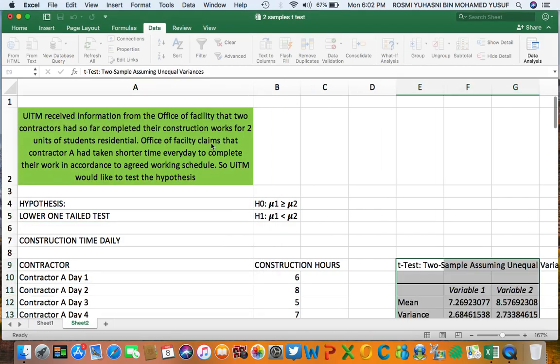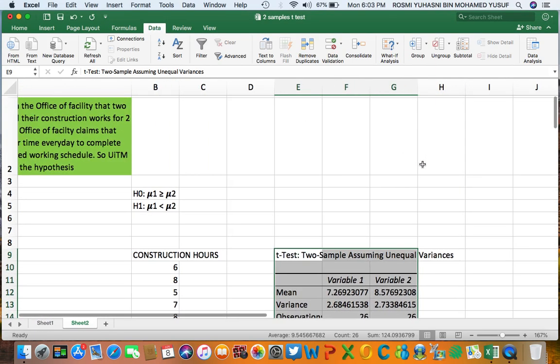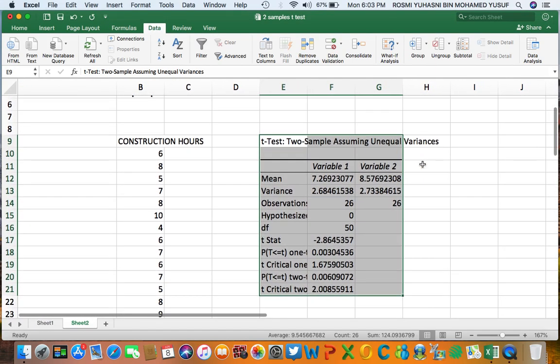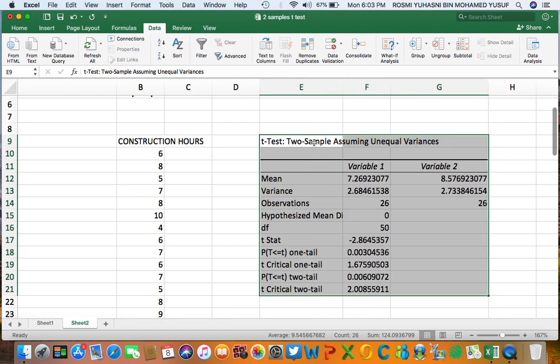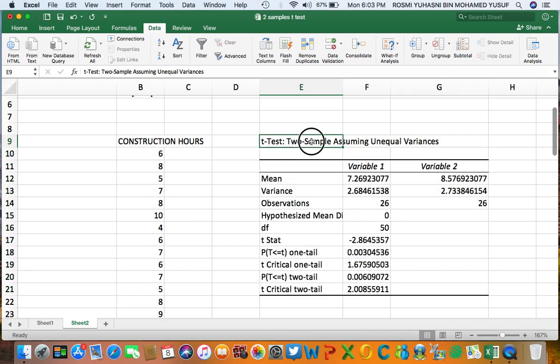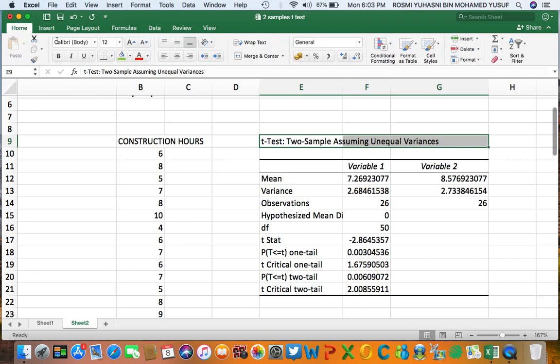So this is the output from our data analysis, two sample assuming unequal variances. Let's make it slightly bigger and highlight it a bit, in green.